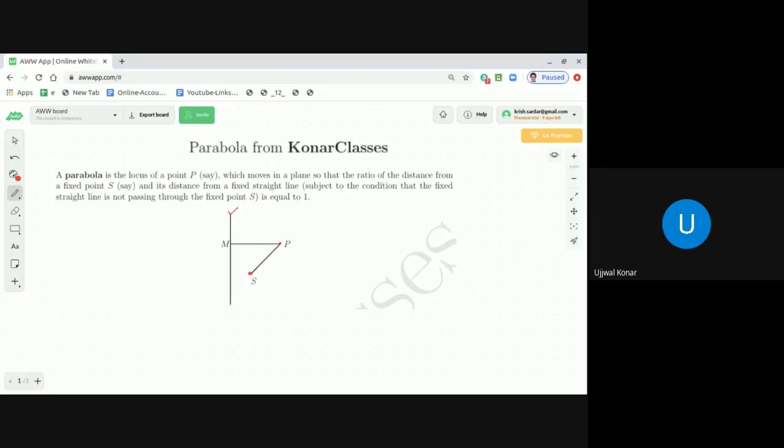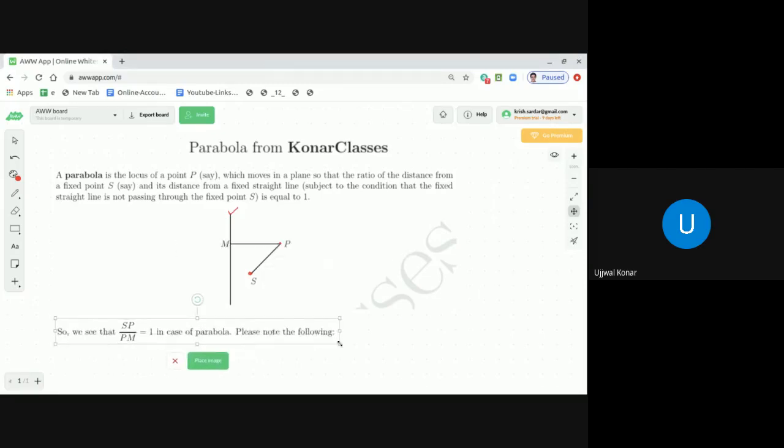That means from the point P, if you draw a perpendicular to the fixed straight line, and M is the foot of the perpendicular as you see in the diagram, then the distance between the point P and the straight line is PM. So what we see here is that SP by PM is equal to 1.